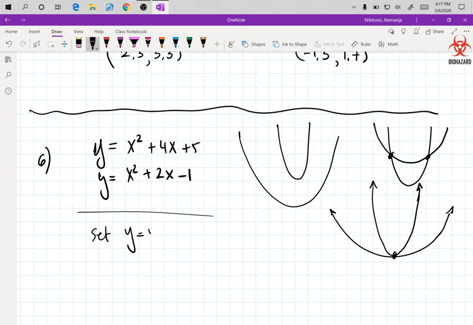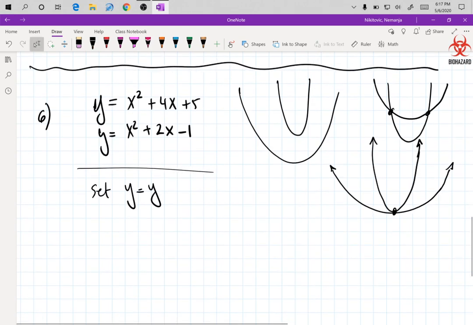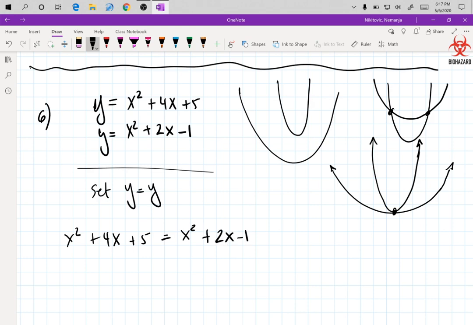Set y equal to y, which is the basic substitution method, and you get x squared plus 4x plus 5 equal to x squared plus 2x minus 1. Now, when you subtract everything to the same side, you get 2x plus 6 equal to 0. X squared minus x squared is 0, 4x minus 2x is 2x, 5 minus minus 1 is 5 plus 1, which is 6.